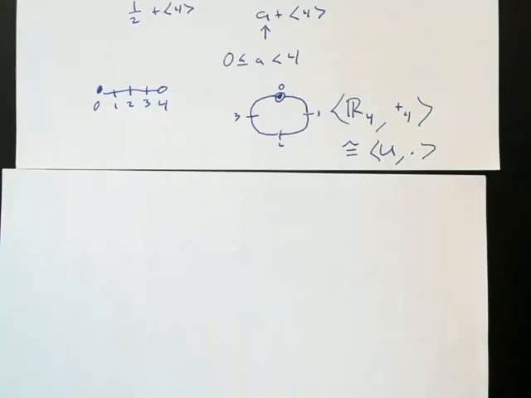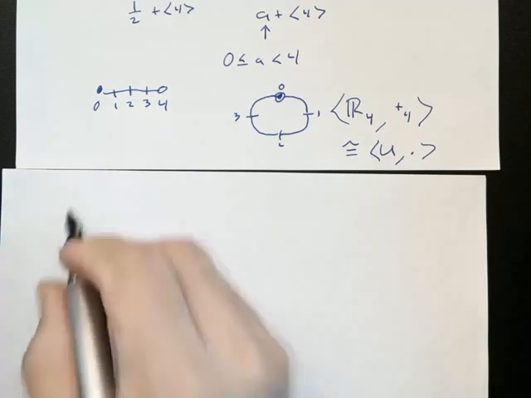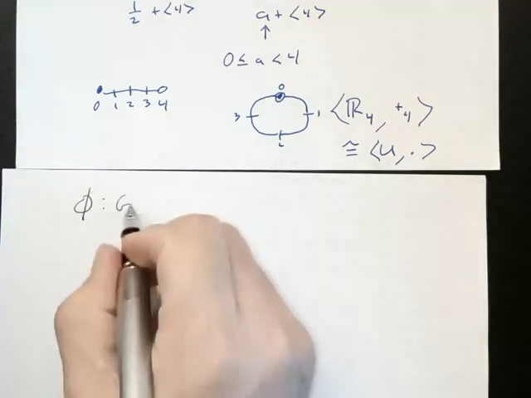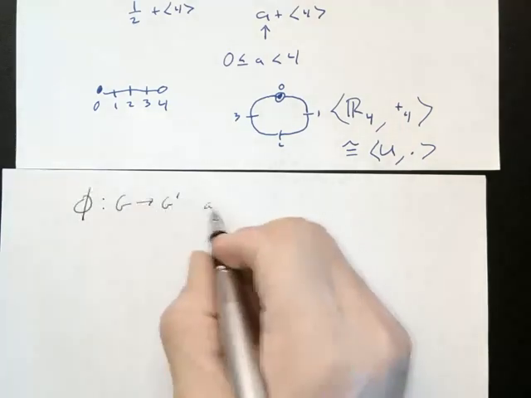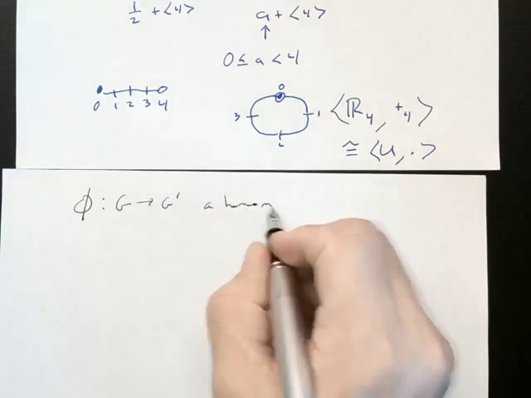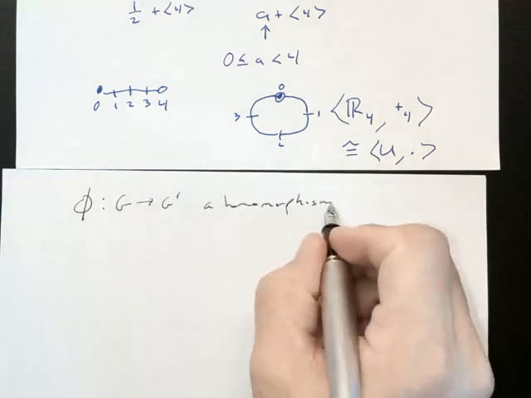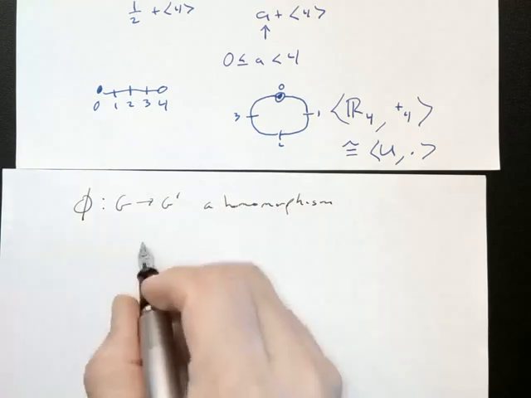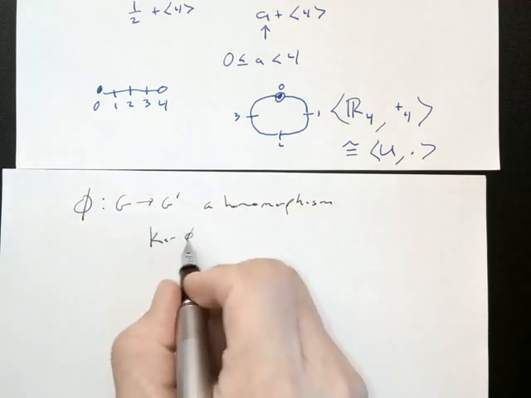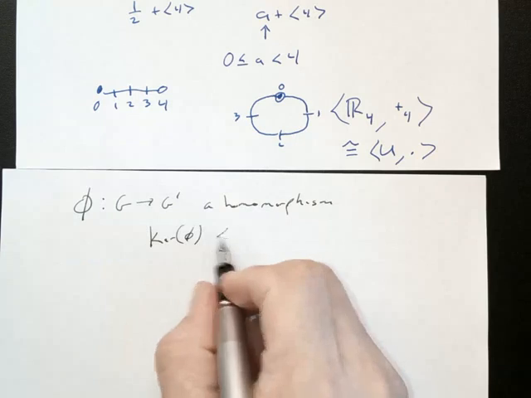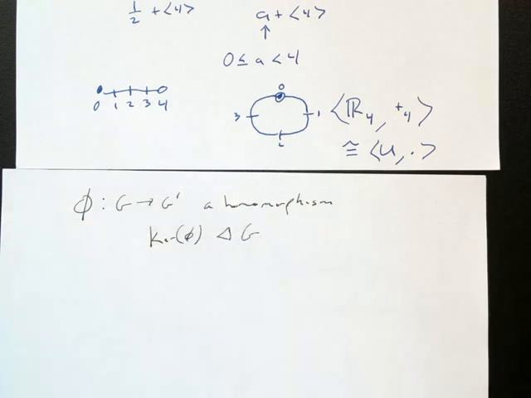If I have any homomorphism, then I know that the kernel of that homomorphism is a normal subgroup in G. And remember, the kernel is the set of stuff that gets mapped to the identity in the other group.